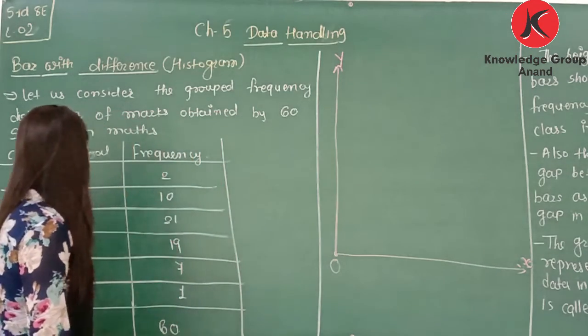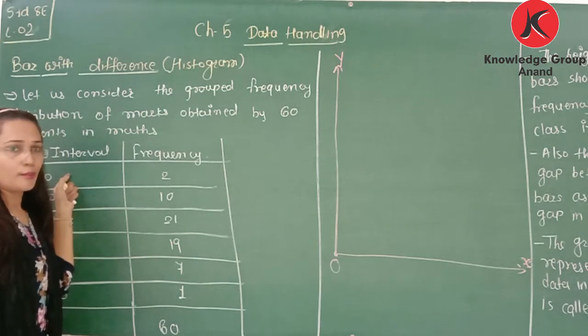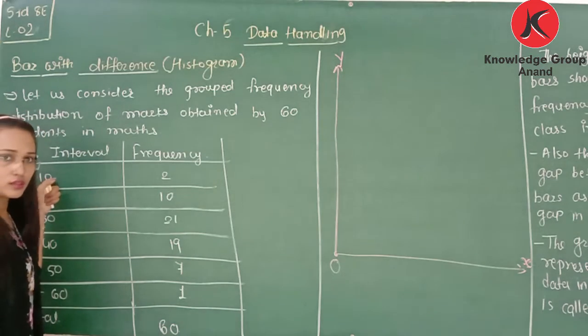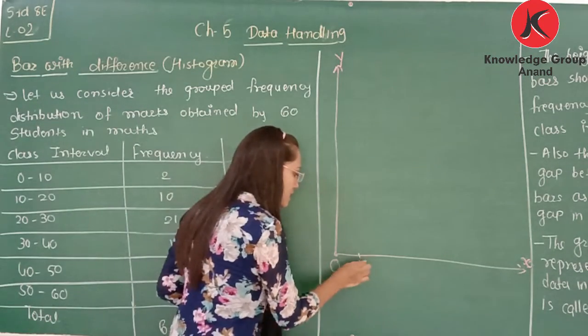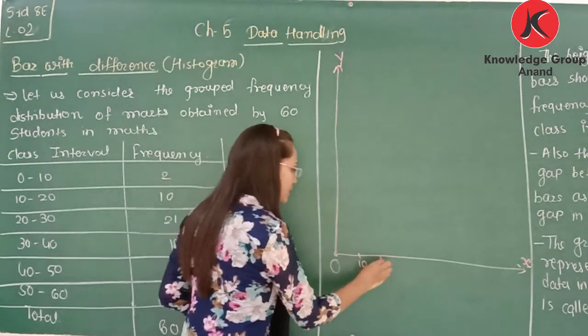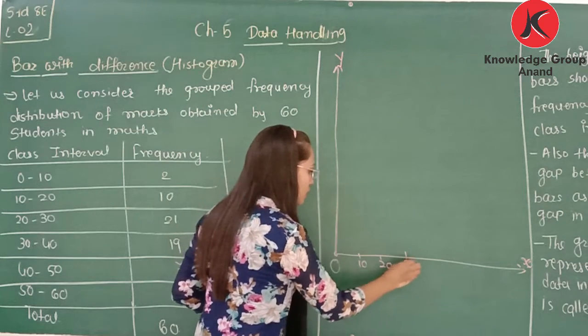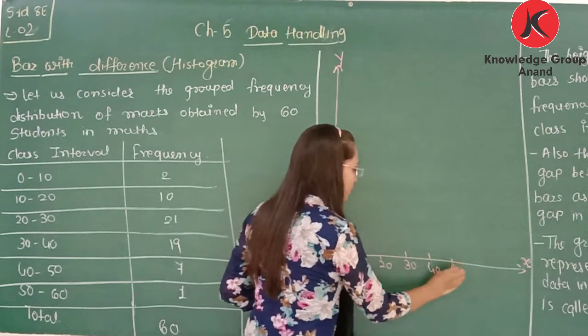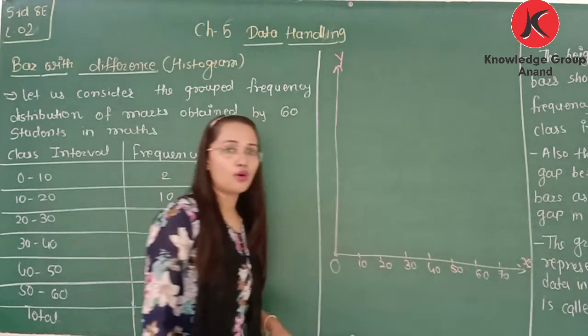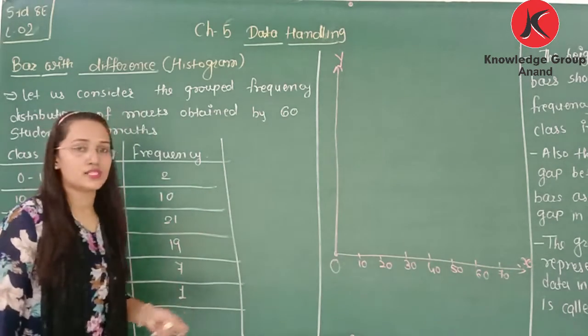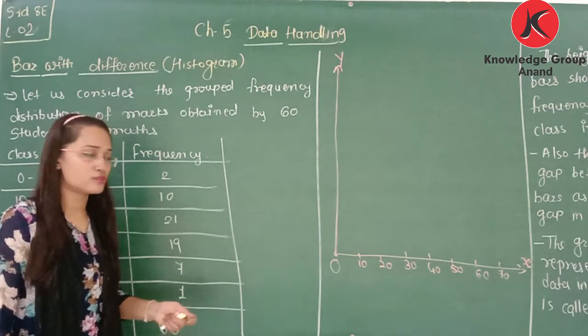Now here you can see it is a grouped frequency, which means it starts from 0 to 10. So this is our 0, that is our origin, and next is 10. After 10 there will be 20, then 30, 40, 50, 60, 70. Now on the vertical line you represent the frequency, that is the number of students.